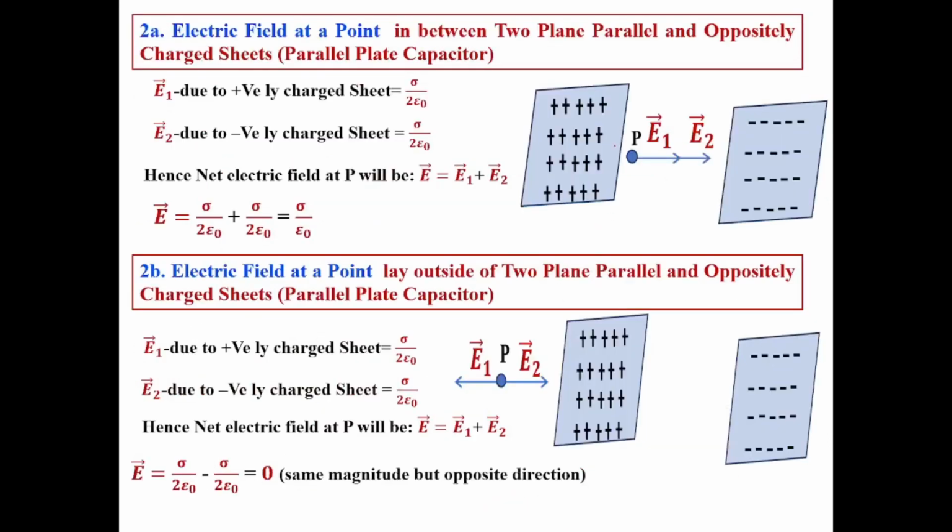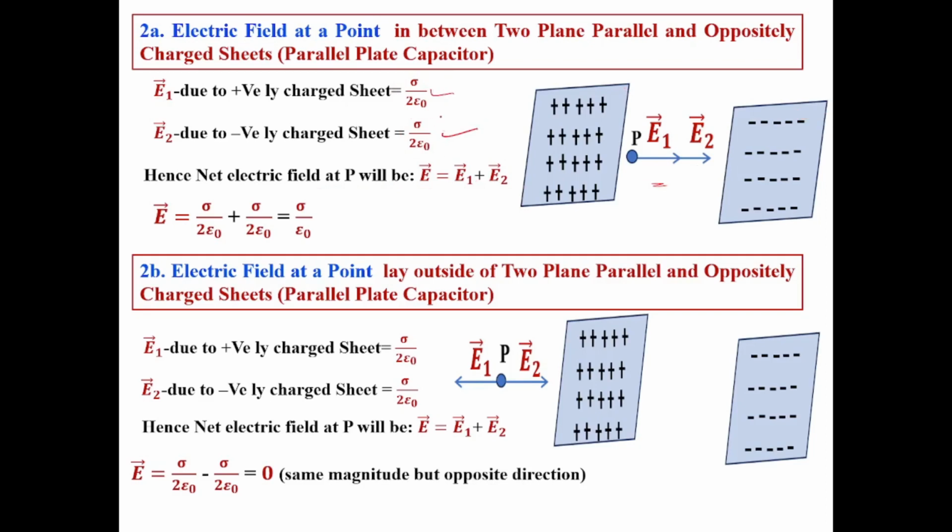So for this sheet, what will the magnitude be? The magnitude will be sigma by 2 epsilon 0. For this sheet, the magnitude is also sigma by 2 epsilon 0. And we found from the figure that both E1 and E2 are in the same direction, so they are going to add up vectorially. So the net electric field intensity at point P, when P is inside the parallel plate capacitor, will be this value plus this value.